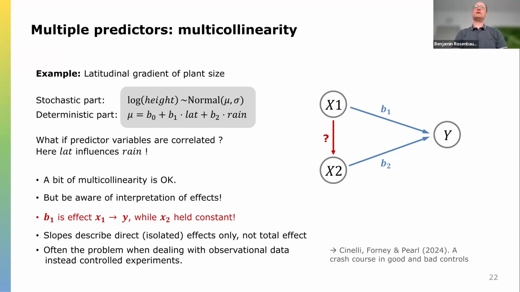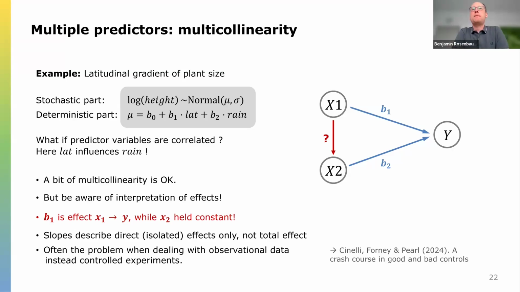So there's a clear flow of information here, and x1 and x2 are correlated. Usually a bit of correlation is okay. You can just fit the model of log height versus latitude and rainfall, but be aware of the interpretation of the effects.